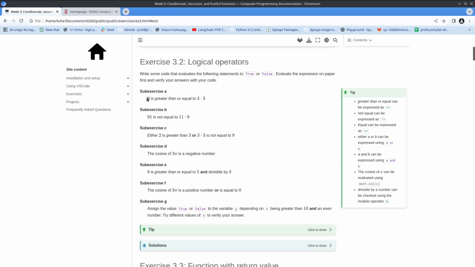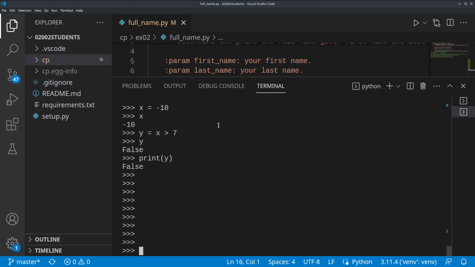So in this case, we're supposed to evaluate the expression that 9 is greater than or equal to 3 times 3. So 3 times 3 we can write like this using the multiply sign. Then in order to compare 9 to this value, I use this operator. This is the greater than or equal operator.